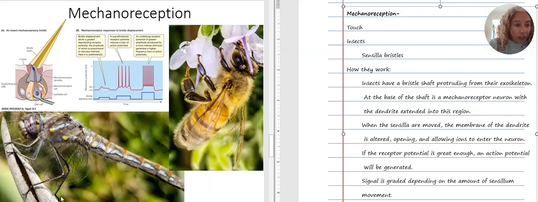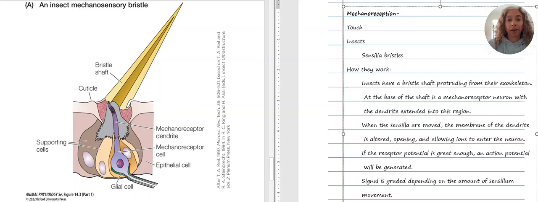And you can actually see them on the legs of this dragonfly and all over the body of this honeybee. We also talked about these when we talked about other senses in insects. And these sensilla are going to function similarly to what we saw with chemoreception.